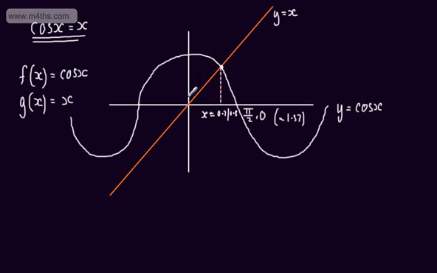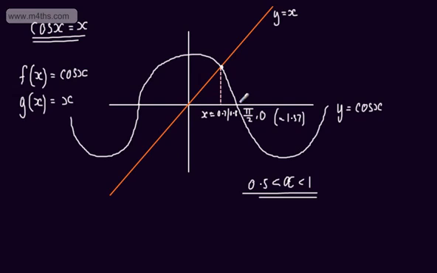In an exam, you wouldn't be expected to say it is going to be 0.72 or 0.81. What we'd be expected to do is show by using two different graphs that the root, and generally we call the root alpha, is going to be between 0.5 and 1. So you might be asked to show that that's the case.